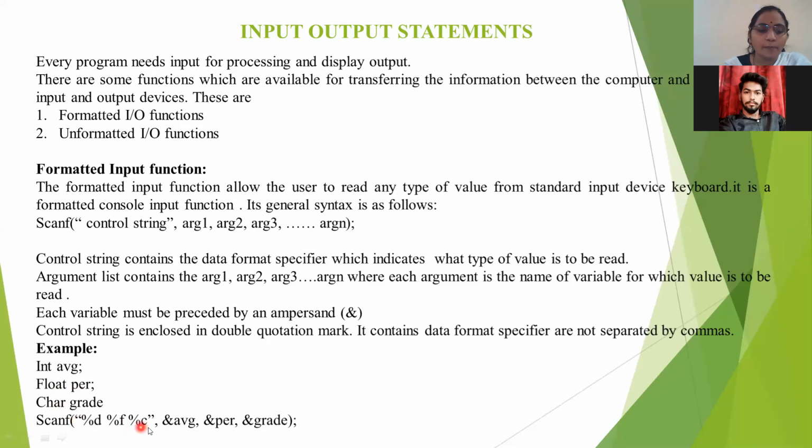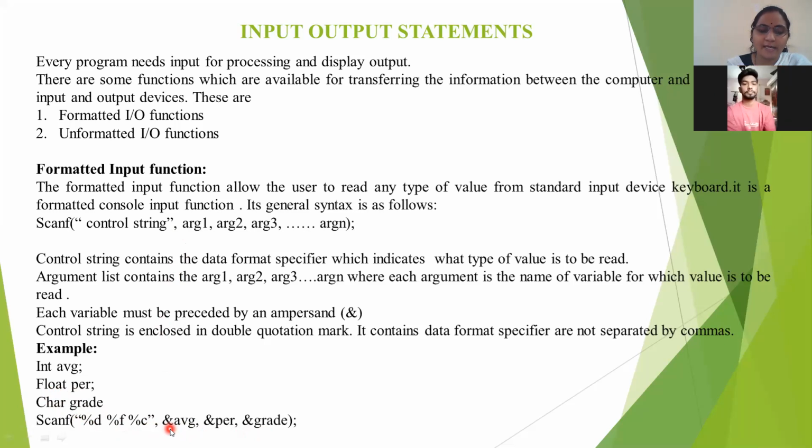After completion of the data format specifiers, I close the double quotation mark and then give a comma as per the above syntax. After that, I use the three variables, average, percentage, and grade, each preceded with the ampersand sign. This ampersand is also treated as the address operator. Sorry, not the size of operator.